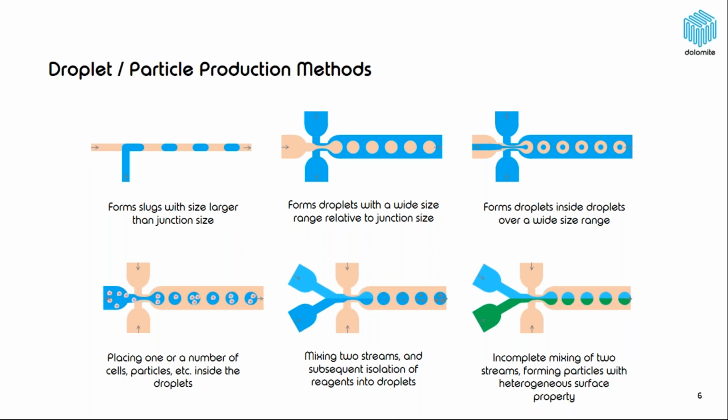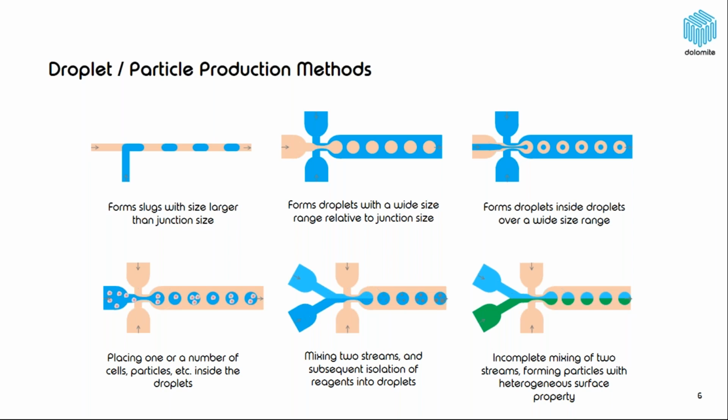In more complex cases, you make double emulsions when you have either an oil droplet on the inside of the water droplet suspended in oil, or the other way around, water and oil in water, commonly known as WOW emulsions. Another mechanism is for encapsulation. We have a sister brand called Dolomite Bio, and all they do is encapsulate cells in droplets for single cell research applications. The mechanism we'll be working with today is the 5th mechanism alone shown, and this is growth of nanoparticles fundamentally within droplets, or in this case in sheath flow.